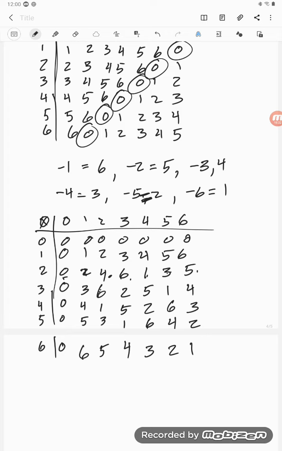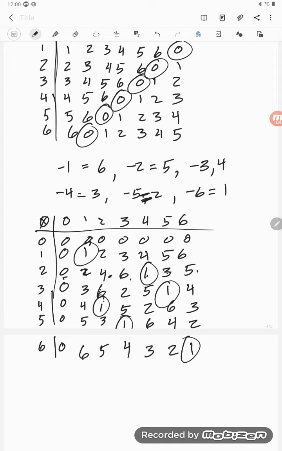And notice, except for the 0 row and column, every row has 0 through 6. Every column has 0 through 6. And so we can also find our multiplicative inverses by finding the 1s.